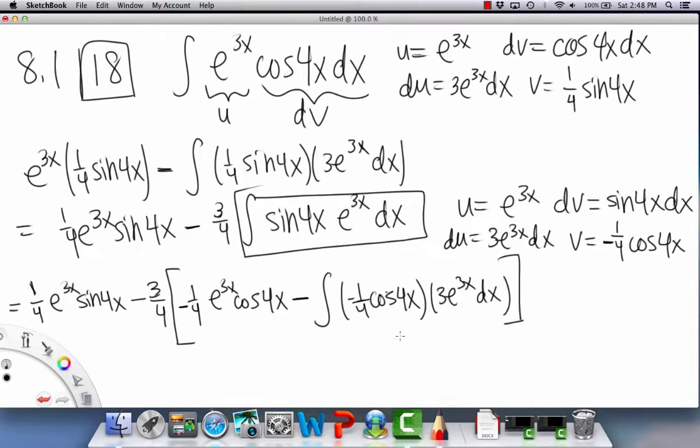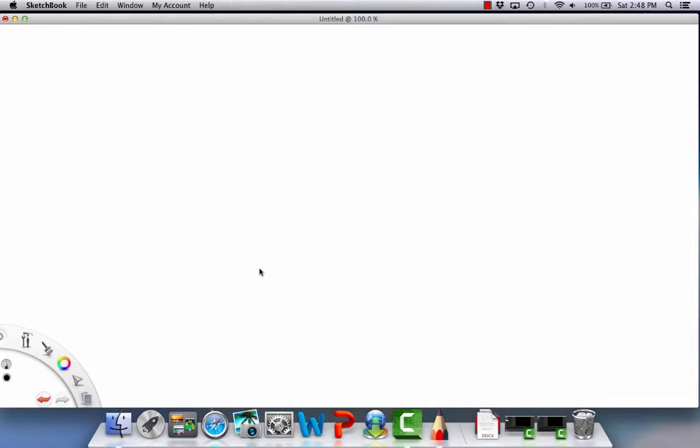So keep in mind all of this bottom row, because I'm going to equate this to the very first thing that they gave us. I'll rewrite it on the new page. We have the integral of e to the 3x cosine 4x dx, and this actually equals the following, what we've gotten so far. I'm just going to copy it down.